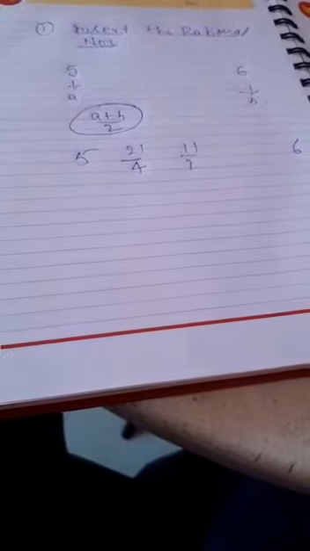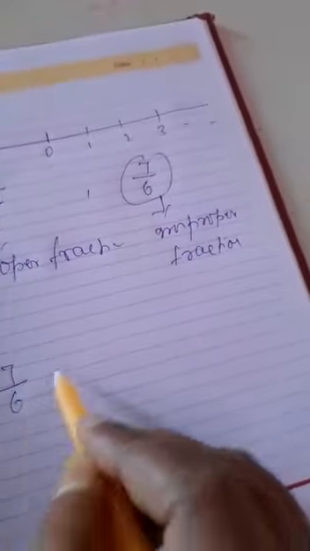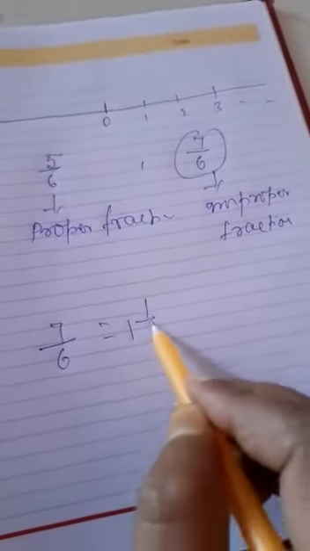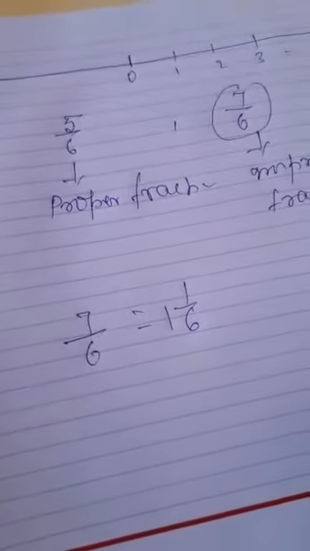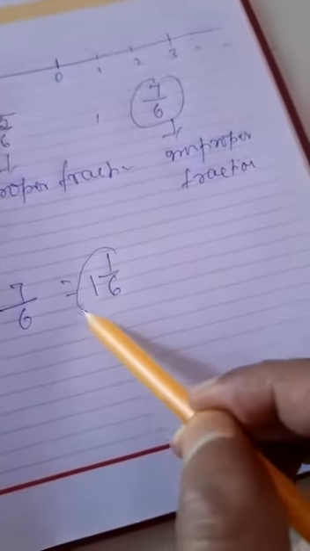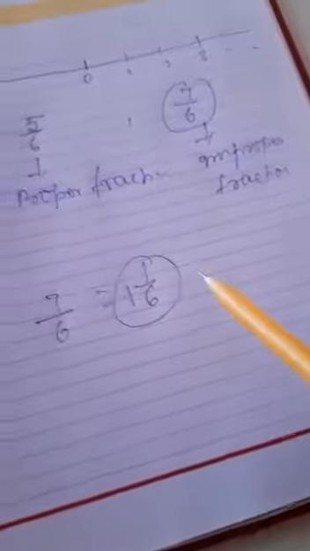If it is an improper fraction, the target is to first change it into a mixed fraction. Suppose 7 by 6, an improper fraction, would be changed into the mixed fraction 1 whole 1 by 6. Now this lies between 1 and 2.